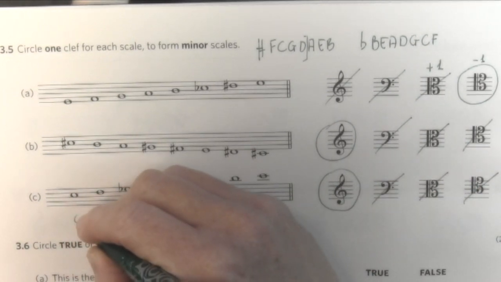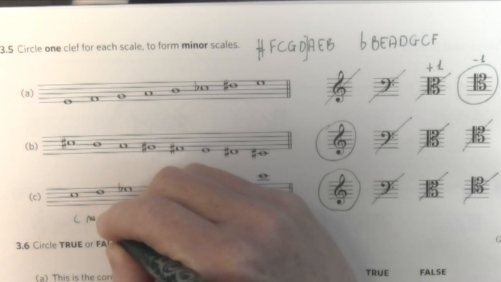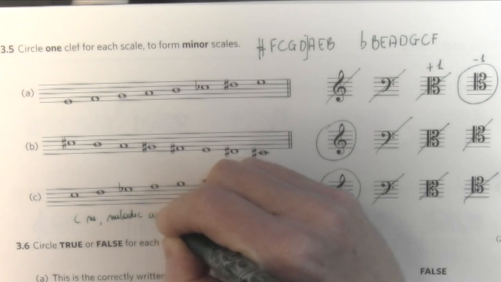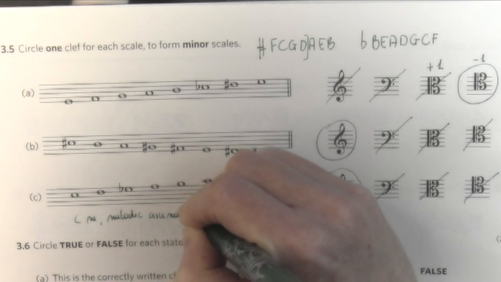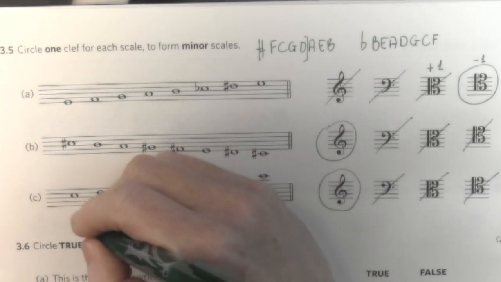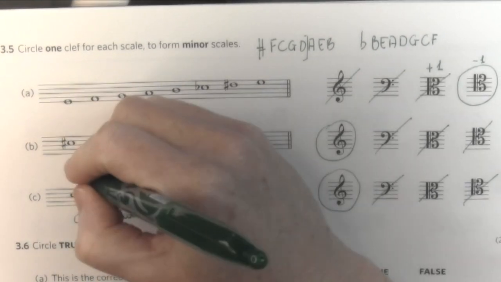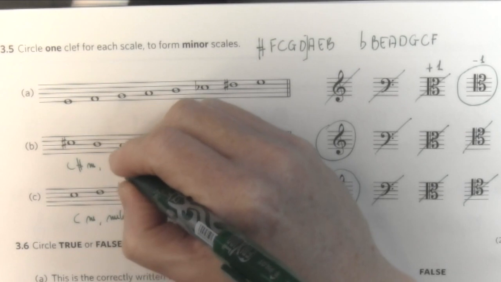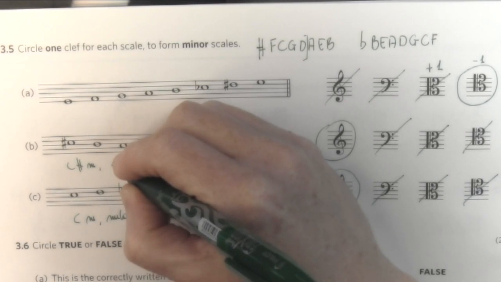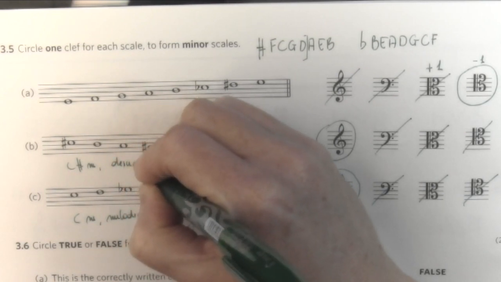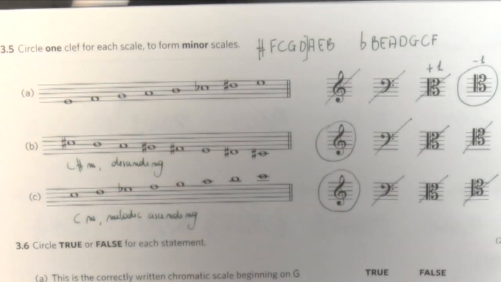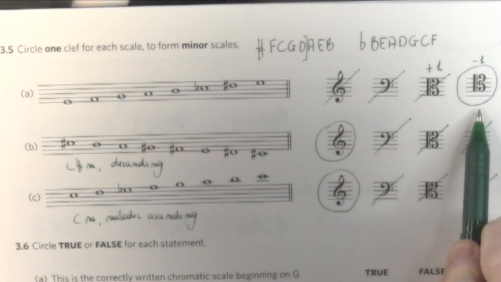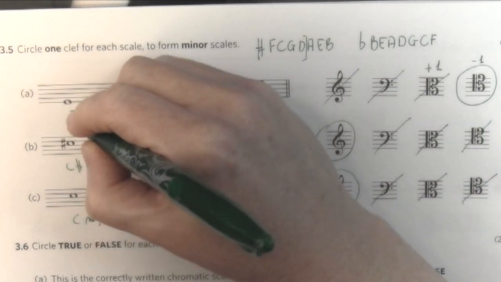melodic, ascending. Why am I not writing them? I could have done it. This is C sharp minor, descending, and this is, we said, D minor, harmonic.